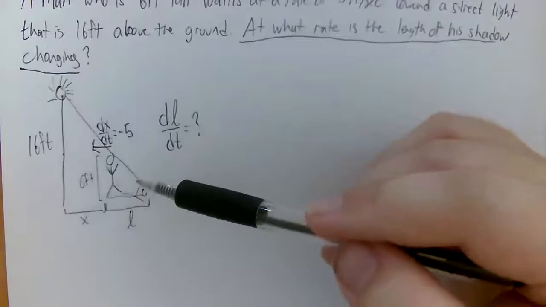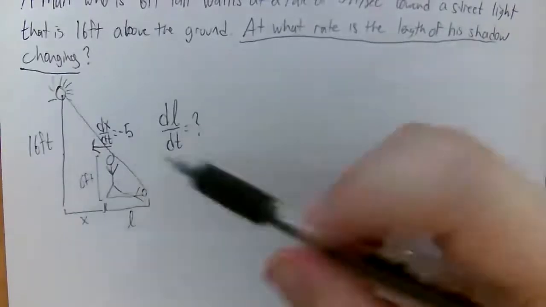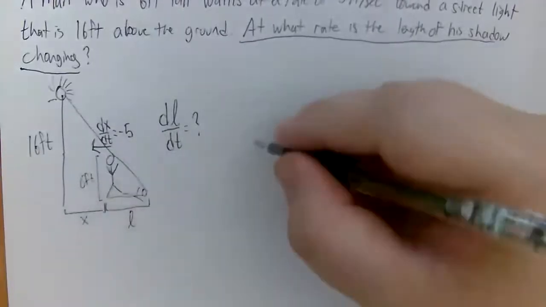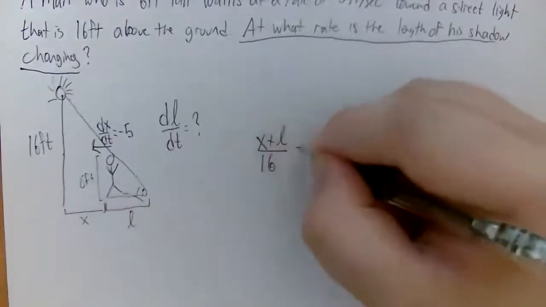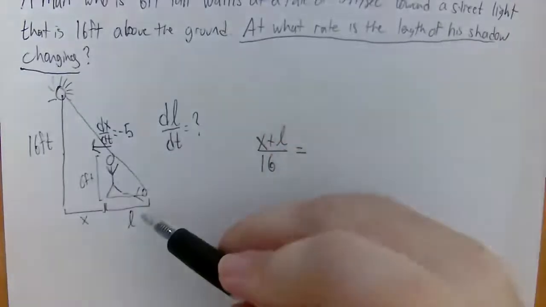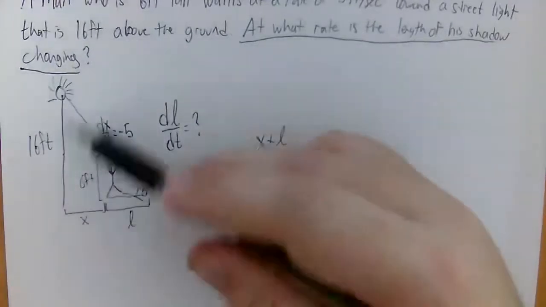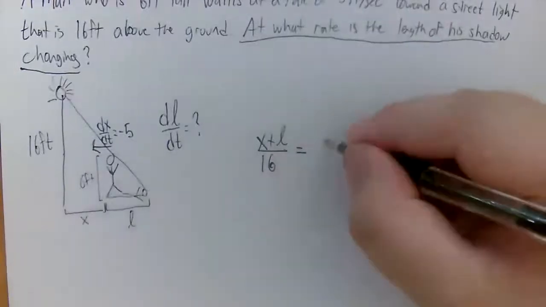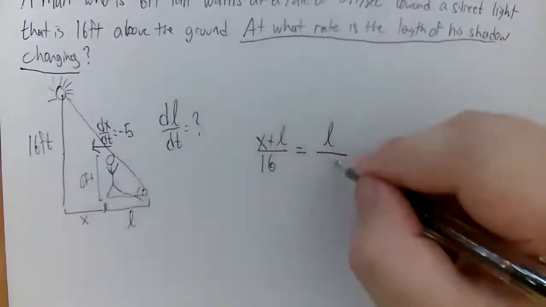So we can use the fact that similar triangles have the same ratio of side lengths. When I construct the side length ratio for the bigger triangle, I'm going to do (x plus L) over 16. And then when I do so for the small triangle, I notice for the big one, I did the bottom side over the vertical side. So I'm going to do the same here, except this is a length of L, and this is a length of 6 here.